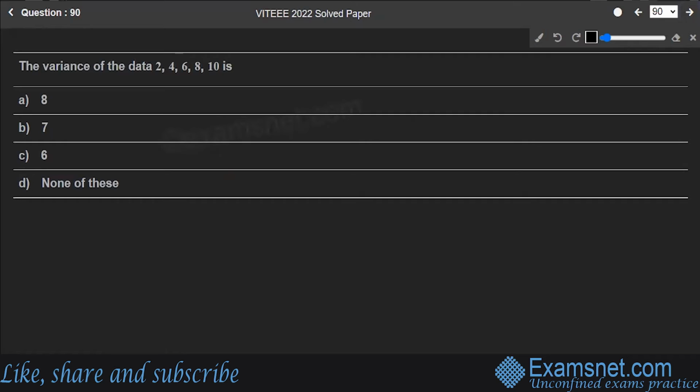Next is question 90. The variance of the data 2, 4, 6, 8, 10 is a pretty easy question actually. To find out the variance, let's find out the mean first. So the mean is given by 2 plus 4 plus 6 plus 8 plus 10, whole divided by the number of terms. It's 1, 2, 3, 4, 5. So 30 upon 5 is equal to 6.